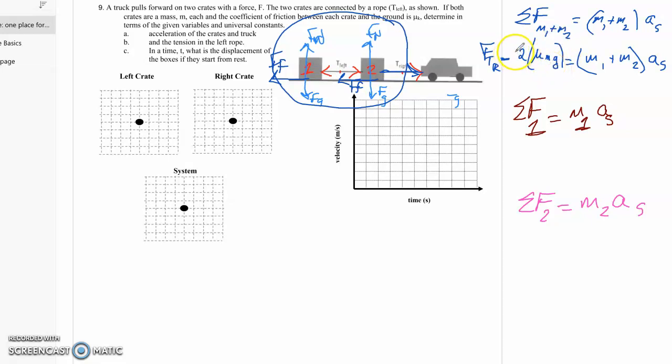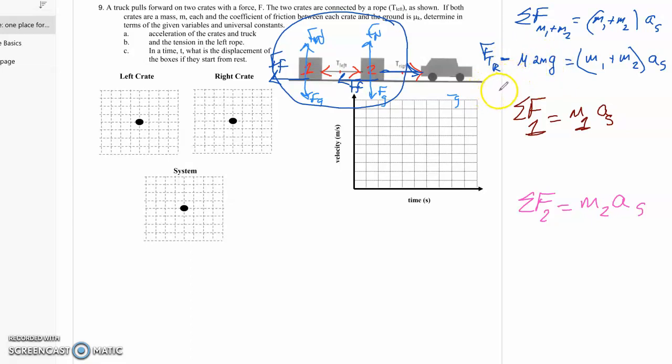Or I think probably it would be better to say, not that it matters, but I think it shows off what's happening better, to say mu 2mg, right? It doesn't matter where the 2 is mathematically.